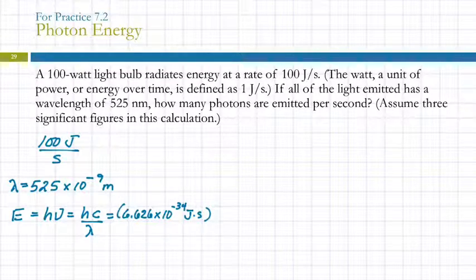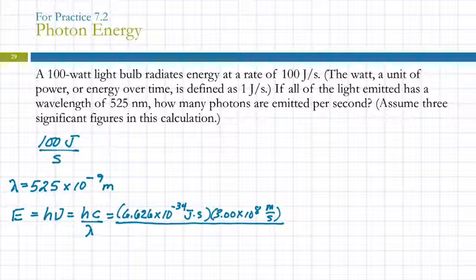That is h, Planck's constant. And we've got the speed of light, 3.00 times 10 to the 8th meters per second, divided by the wavelength, 525 times 10 to the minus 9 meters. The seconds cancel, the meters cancel, we're left with joules.